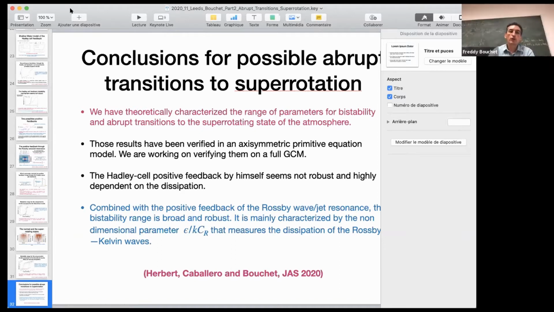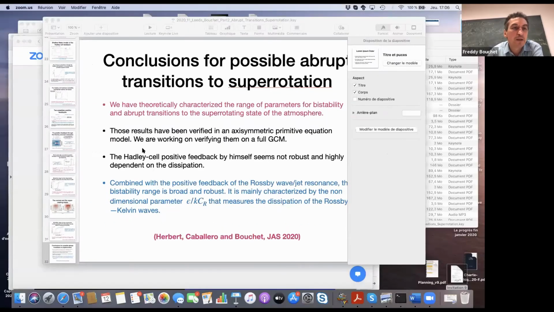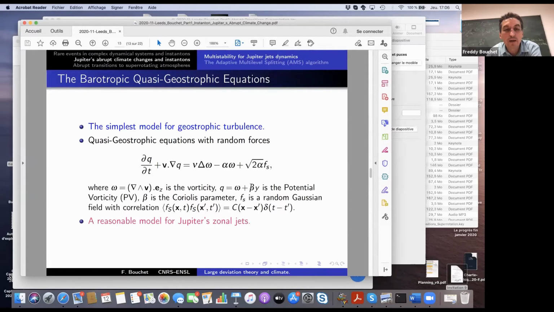It depends on the application, but for the Jupiter jet case, the parameter beta, when you work in non-dimensional units, is a ratio of the Rhines scale to the scale of the domain, and this controls the typical width of a jet. So when you change beta, you change the number of jets.